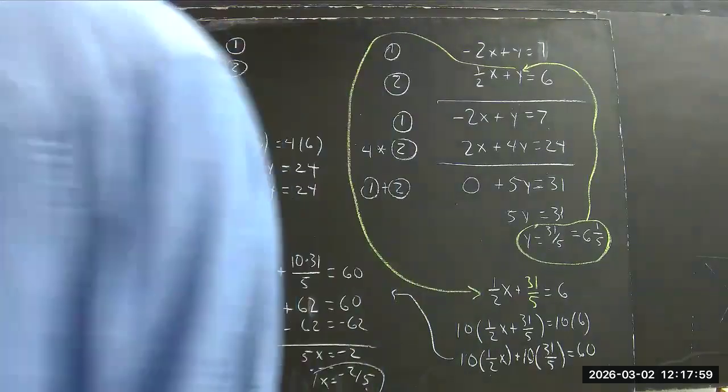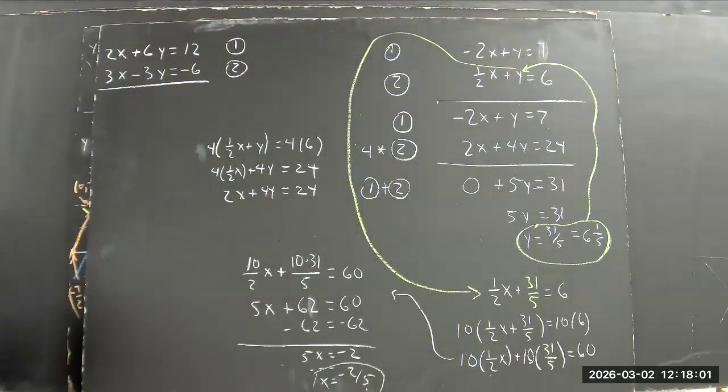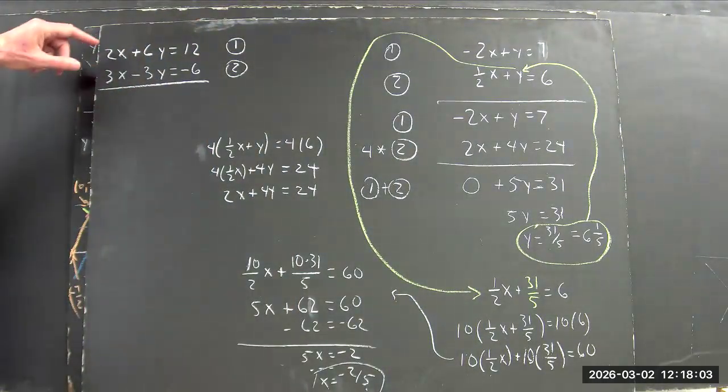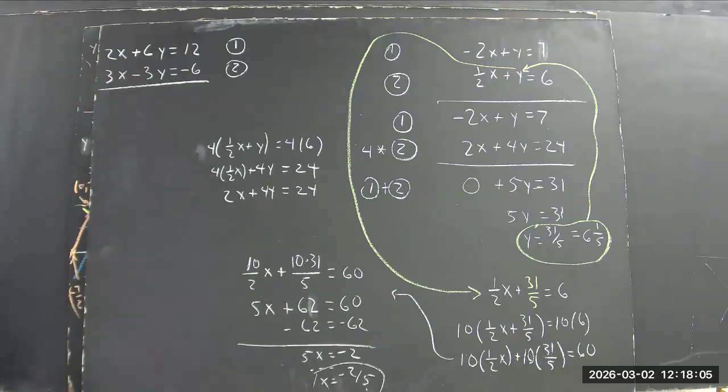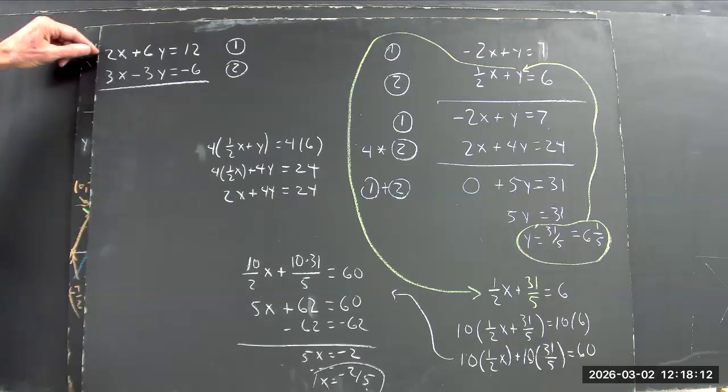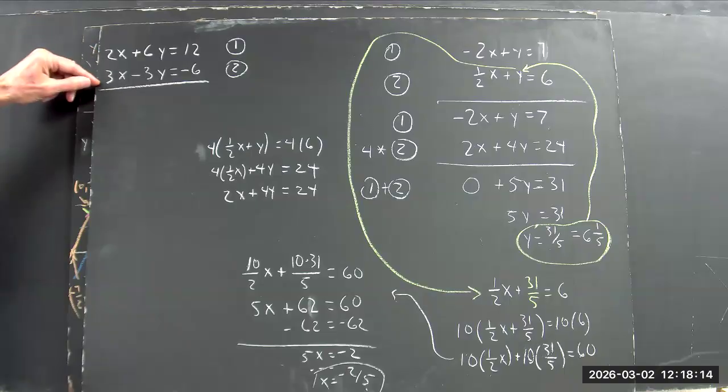Okay, we have two possibilities. Our x's, we have a 2x and a 3x. So if we're trying to get rid of x, well, what if we multiply the 2x by negative 3 and the 3x by 2?